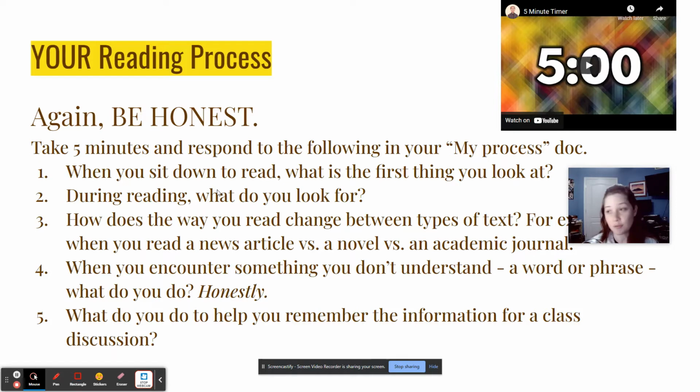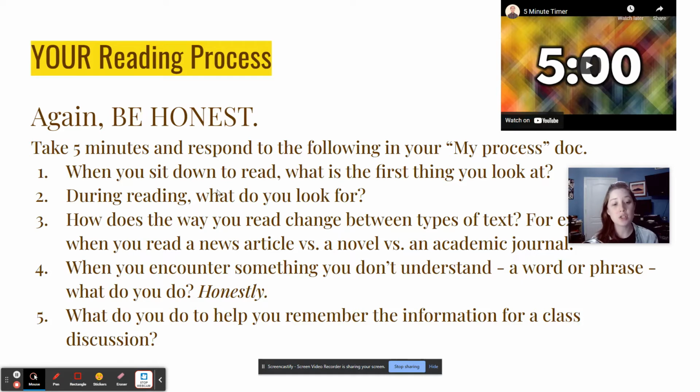Be honest. If you don't look it up and you just keep going, write that. If you do take a minute to look it up, write that. If you go by it and hope the context fulfills what you need, and then look it up if you don't get enough out of the context, write that.